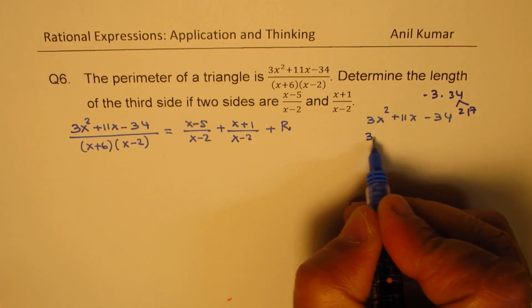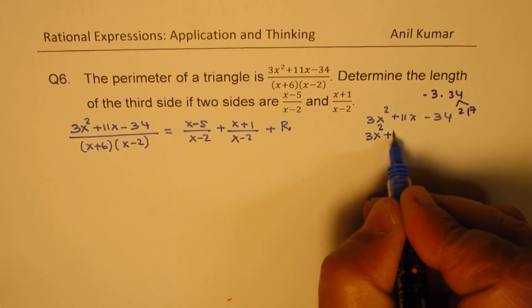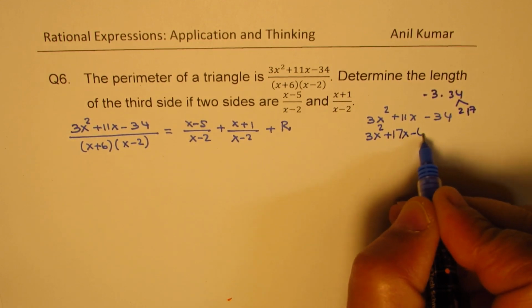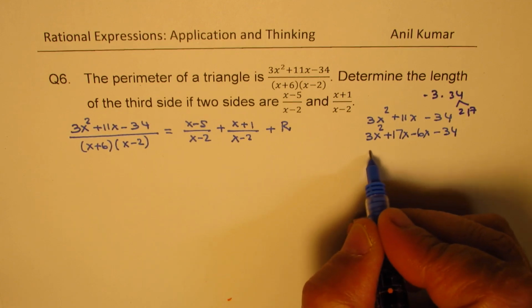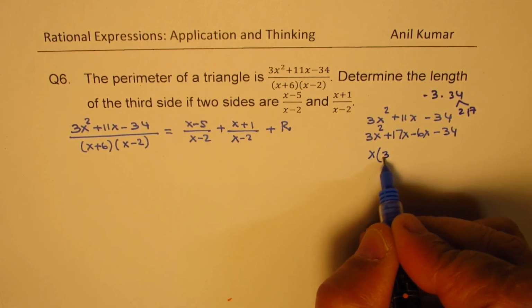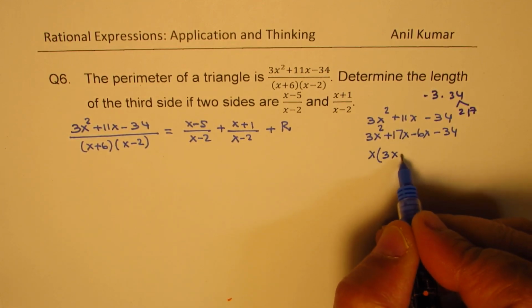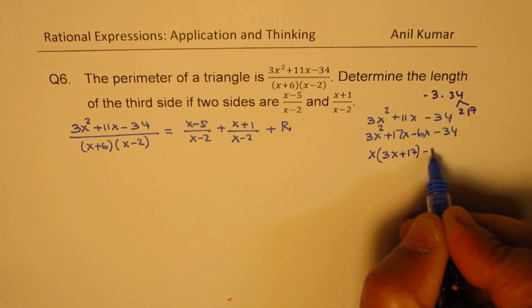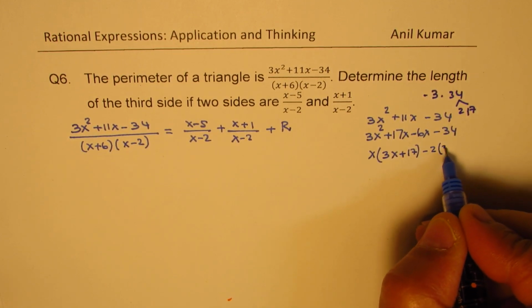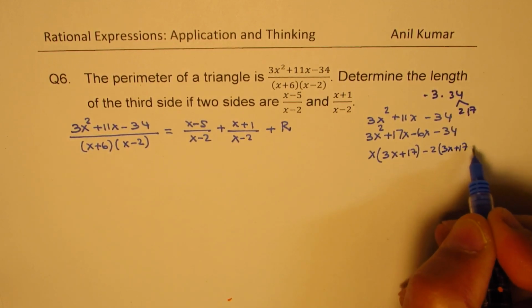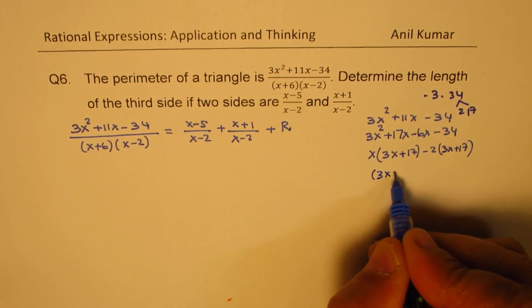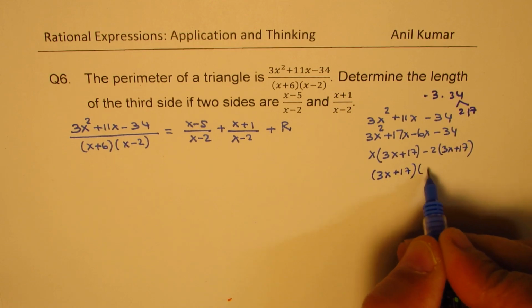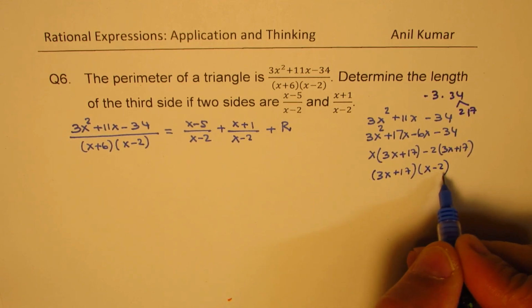So we could write this as 3x squared plus 17x minus 6x minus 34, correct? Now you can factor x here. So you get x(3x plus 17) minus 2(3x plus 17). So that gives you 3x plus 17 as one factor and x minus 2 as the other factor.